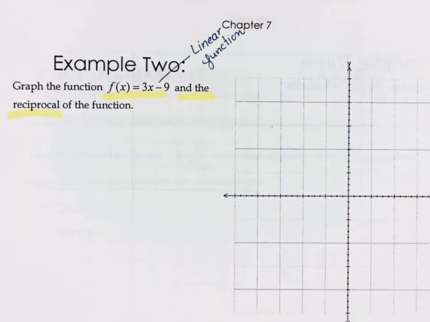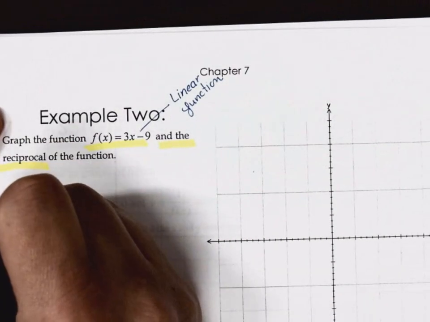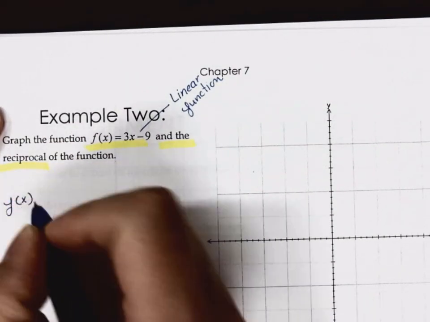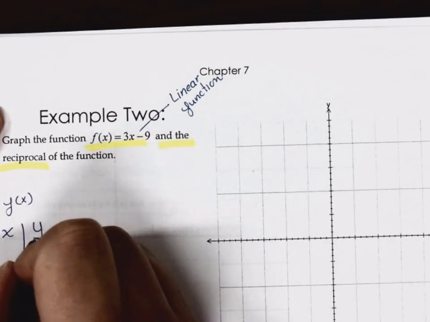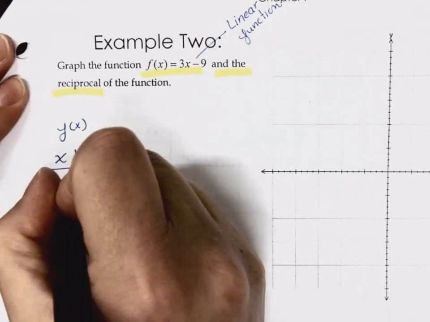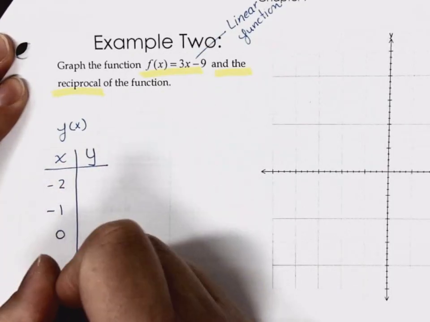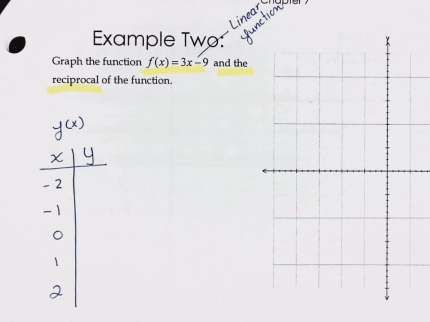Can we do a table of values for this? Doing a table of values for your original function is going to be super helpful for you. And I like to use those basic 5, and let's substitute them in.